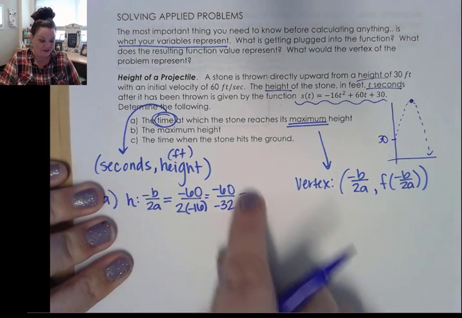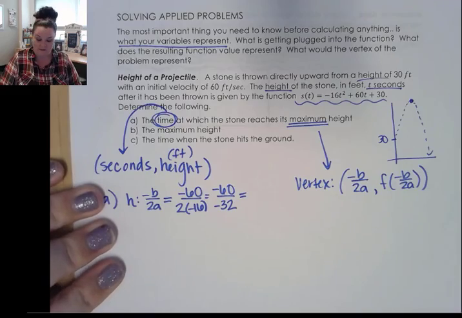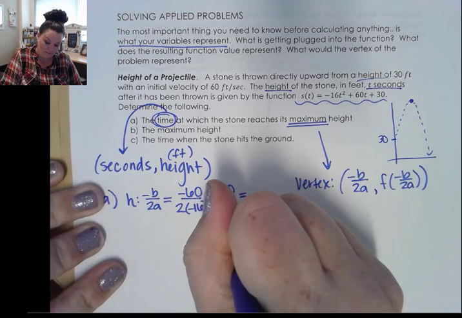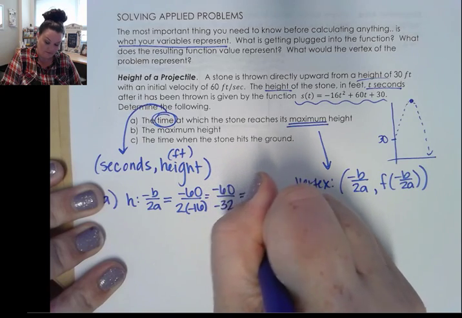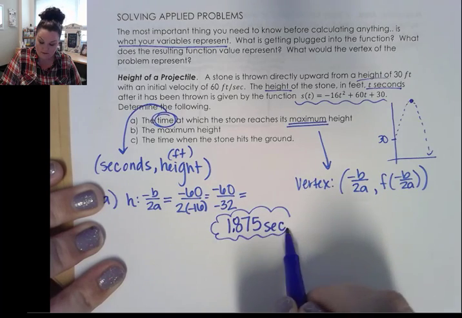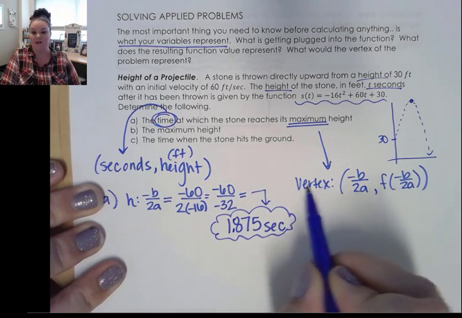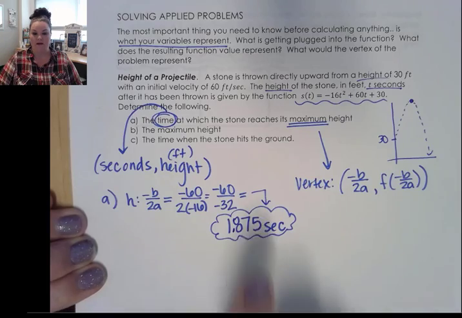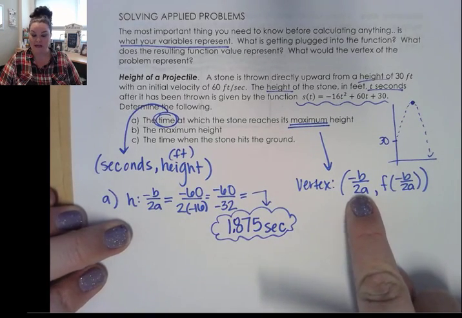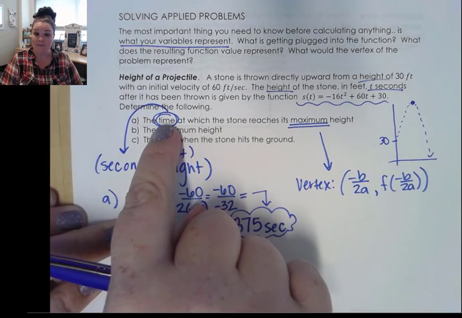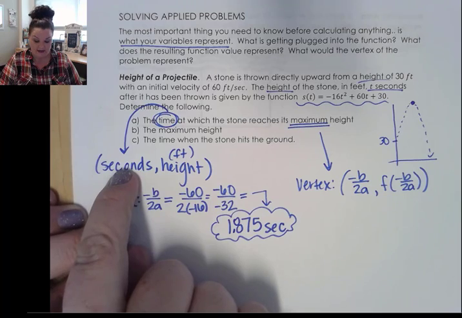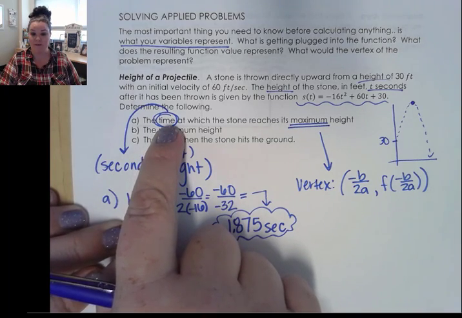So I'm going to change this into a decimal because it does turn out to be a nice, pretty decimal. So we're going to say this is 1.875 seconds. I moved it down just a little bit because I don't want to run into this writing. So we first calculated negative b over 2a to figure out the time, because that's what my input represents, and it wants to know the time when it reaches its maximum height.